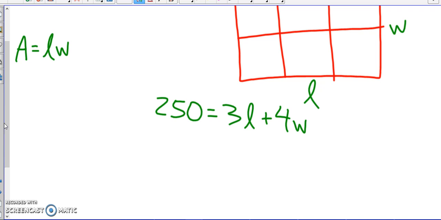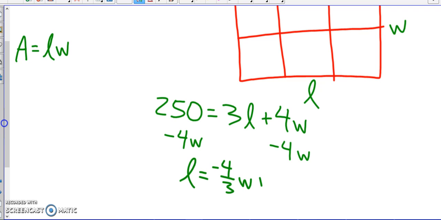L. Since we're almost out of time, I'm going to speed this process up a little bit. So L is going to be equal to negative 4/3 W plus 250 over 3.